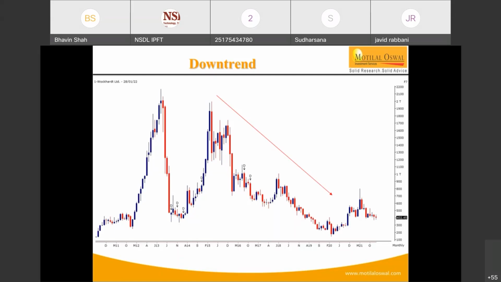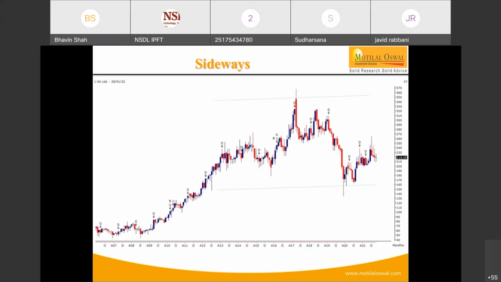Consistently we get a good move. Now looking at this chart, it's a sideways move. Since 2013, this is the monthly chart of ITC. If we look at it from 2009, which is on the screen, the chart of ITC was in an uptrend.